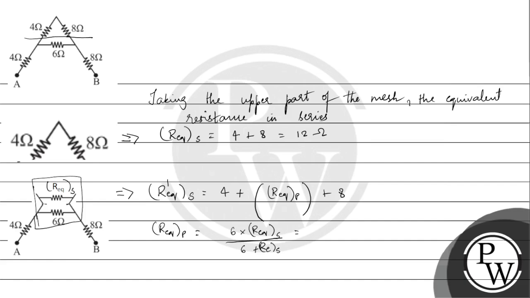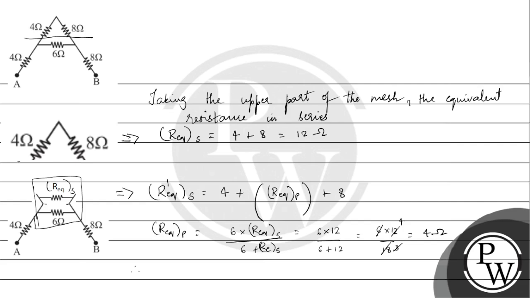So this will be 6 into 12 divided by 6 plus 12. So the value of this is essentially 6 into 12 divided by 18. तो ये 3 times cancel होगा and this will be 4 times. So the parallel equivalence will be 4 ohms.